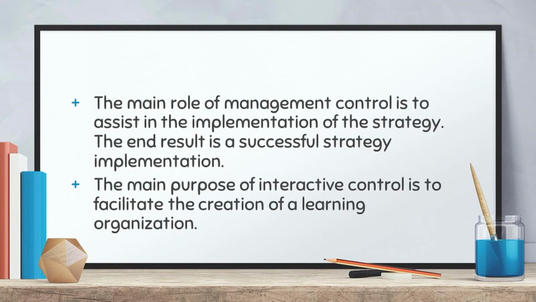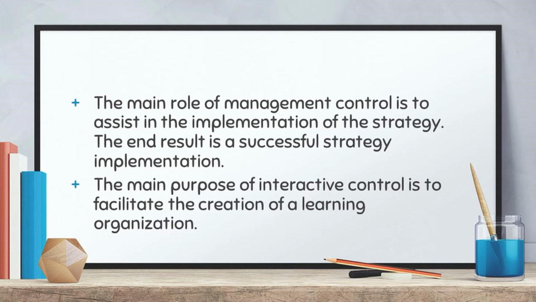The main role of management control is to assist in the implementation of the strategy. The strategy chosen defines the key success factors that are central to the design and operation of the control system. The end result is a successful strategy implementation. In a fast-changing and dynamic environment, creating a learning organization is essential for the survival of the company.